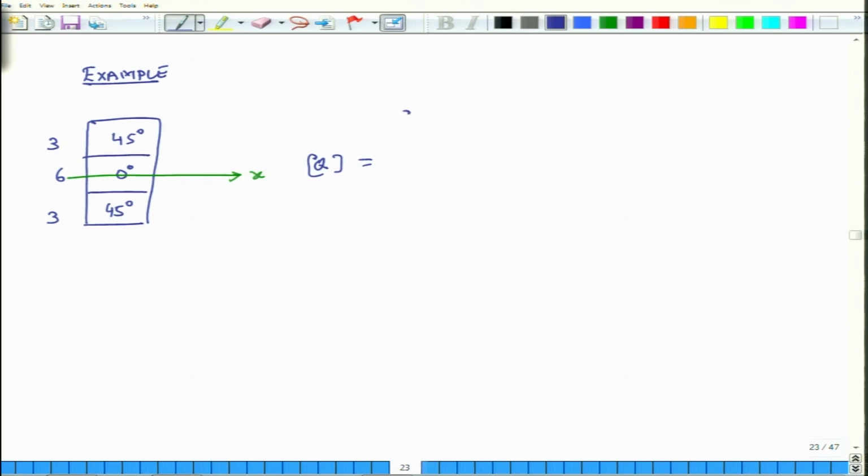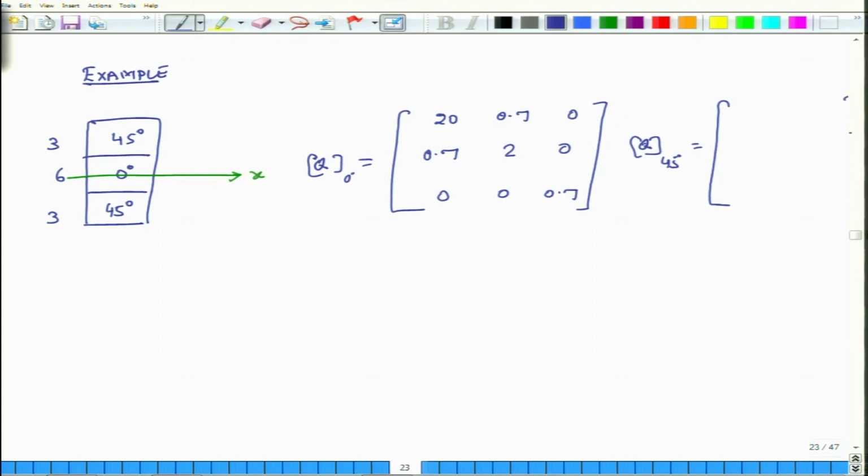And we will also define the Q matrix for each layer. For the 0 degree layer it is 20, 0.7, 0, 0.7, 0, 0, 0 and 0.7. So, this is for the 0 degree layer, and Q for the 45 degree layer is something different.